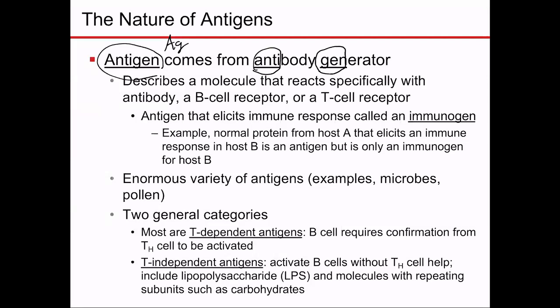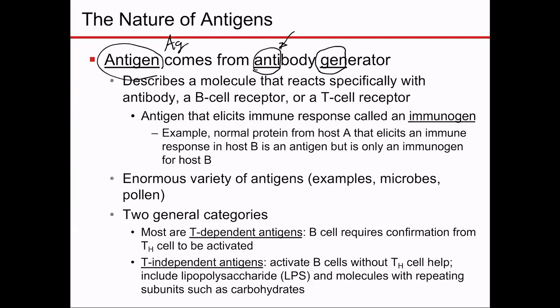So antigens are not generating antibodies only. Antigens can also generate cellular immunity, can also activate these T cells that I was mentioning to you before, the CD4 positive T cells, the CD8 positive T cells.